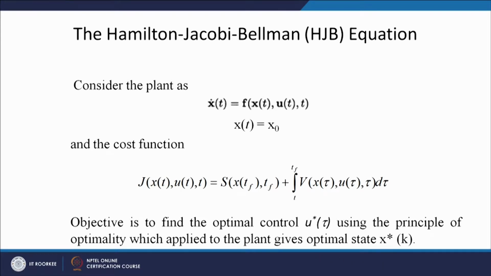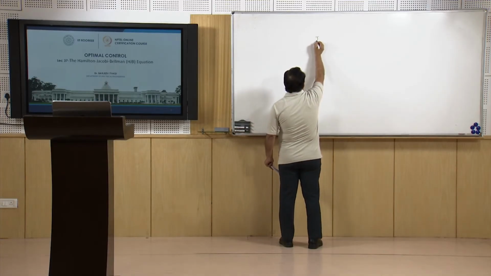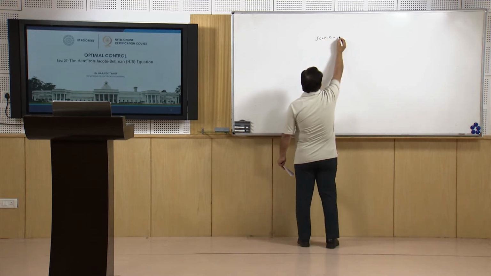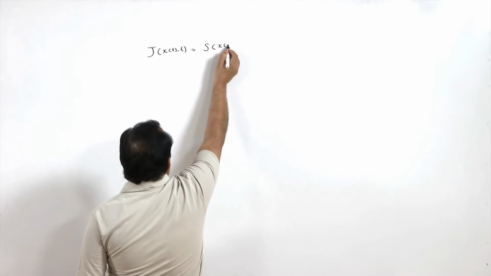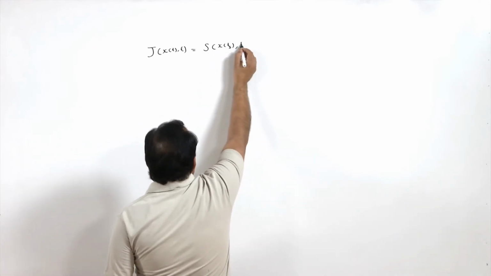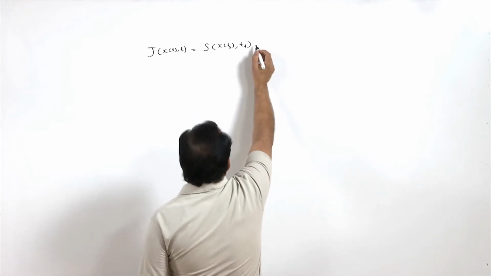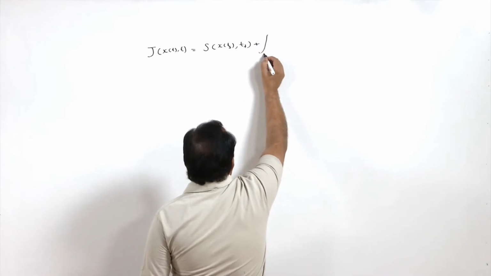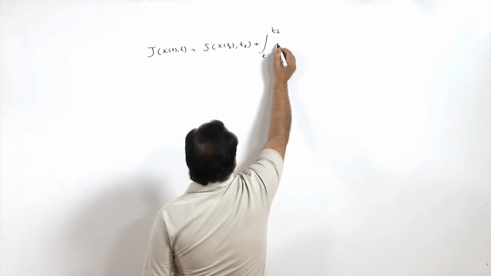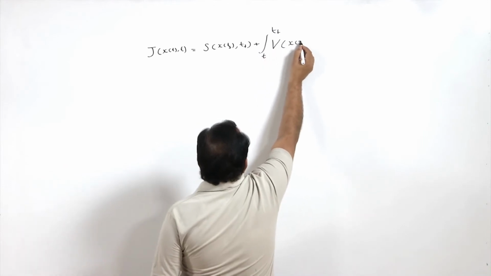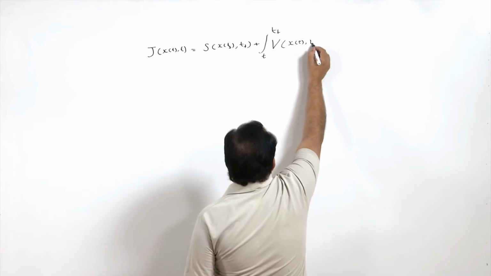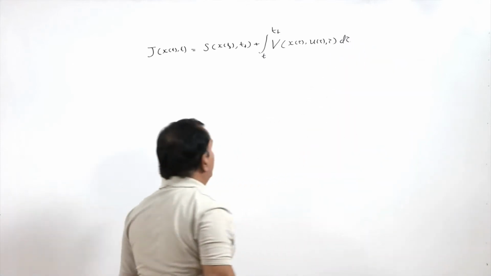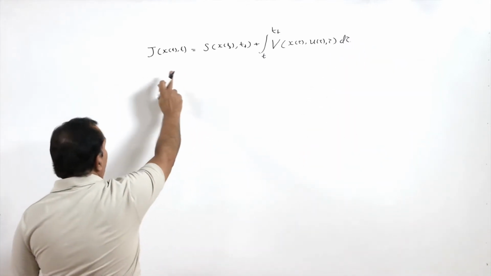So, this is my cost function: J of x t, t equals the terminal cost S of x of t f, t f, plus the integral from t to t f of V of x tau, u tau, tau d tau.